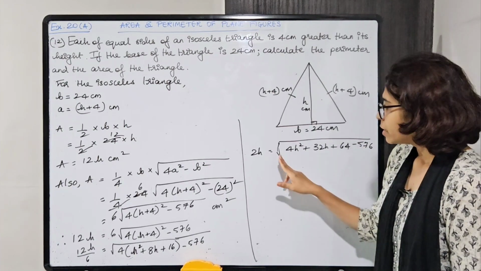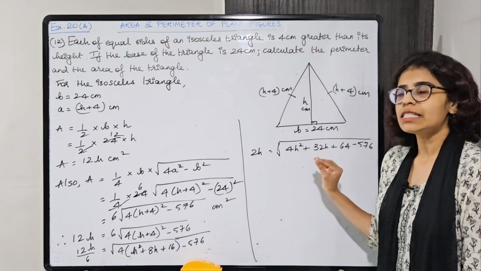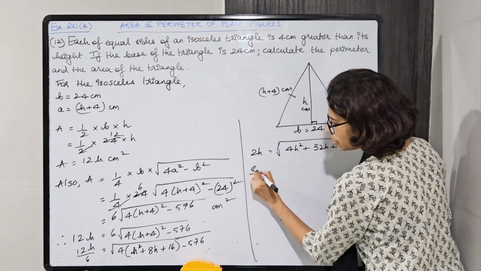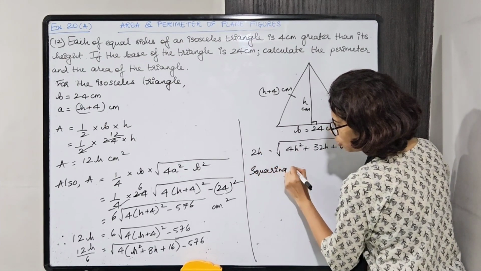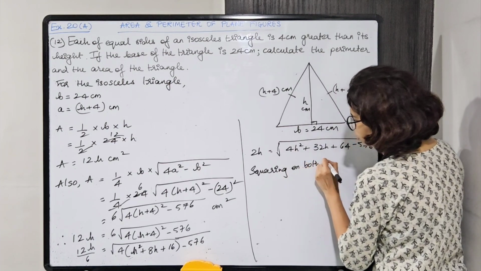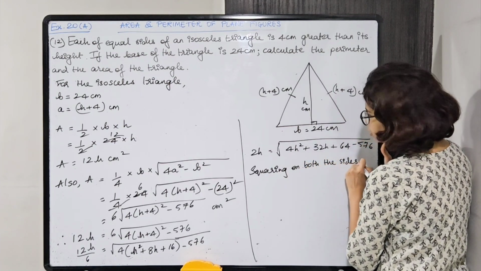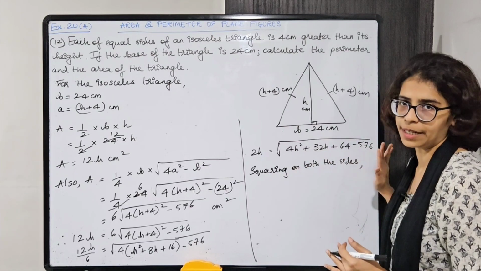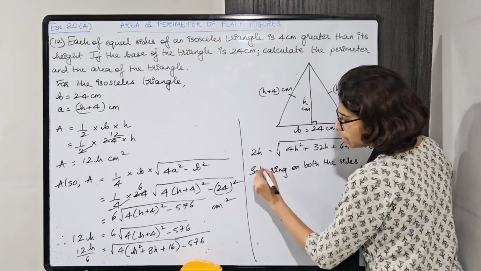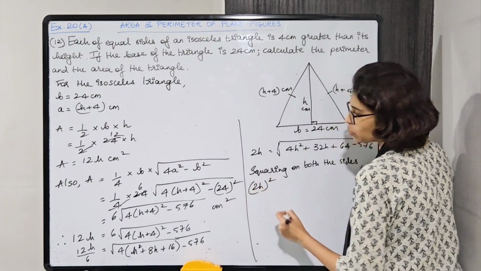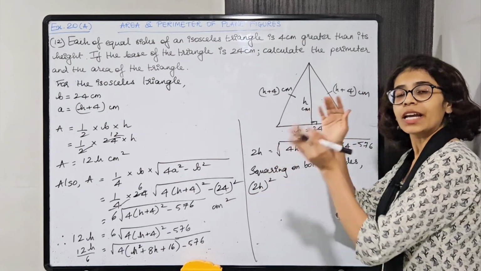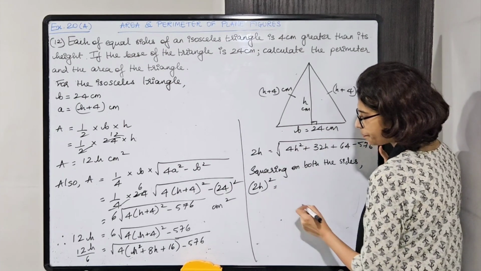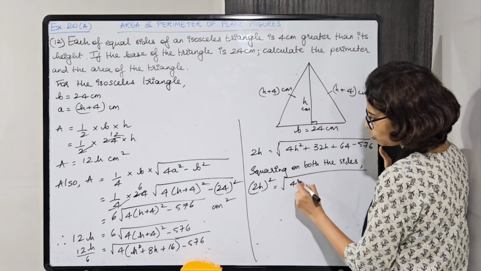Now यहाँ पे रूट है तो क्या करेंगे, let's square on both the sides. Students, whenever you are squaring, cubing, taking square root, taking cube root, लिखना पड़ेगा. So squaring on both the sides, 2h the whole का स्क्वायर हो जाएगा, entire LHS का स्क्वायर, entire RHS का स्क्वायर, तो रूट का स्क्वायर हो जाएगा. Okay, so root will vanish.